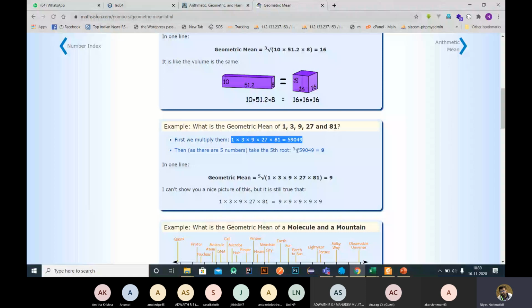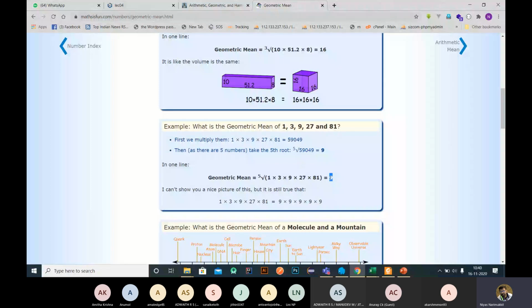So if you get 9, what does the 9 mean? If you multiply 9 into 9 into 9 into 9 into 9, 5 times, that is equal to 59049, because that is a geometric mean. Average means we are getting the ordinary average, right? So here this is a geometric mean.